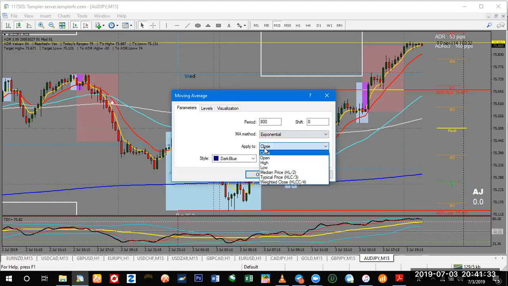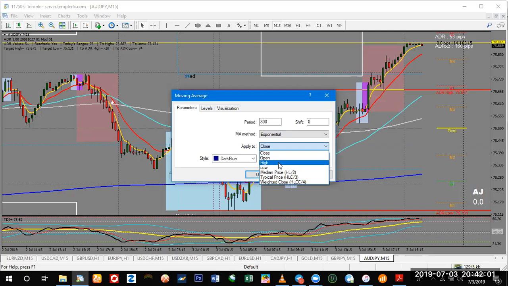The moving average we use applies to close. What does it mean if it applies to close? It means that it waits for a close of a candle in order to take the data and feed it into its model. When you use a moving average which applies to open, it uses the open of a candle.